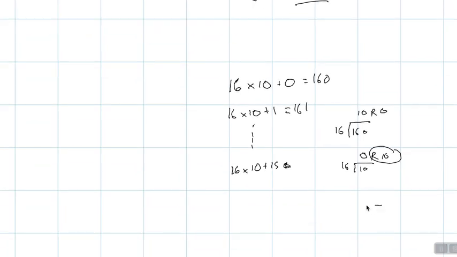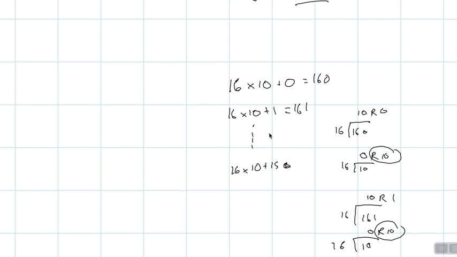We can see the same for 161. We again divide, and we have a remainder of 1 here. We carry down the 10, and again it's 0, remainder 10. The remainder at this final step will always be 10 in all of these cases.